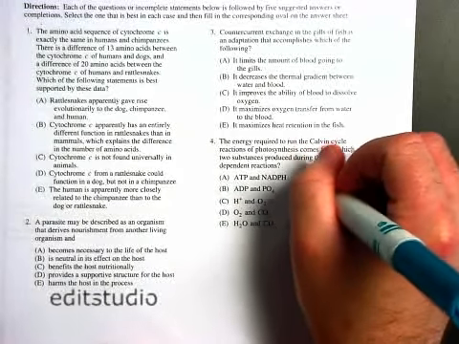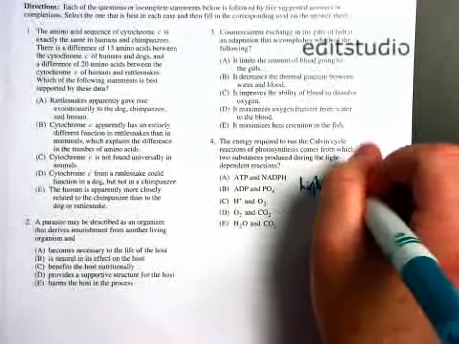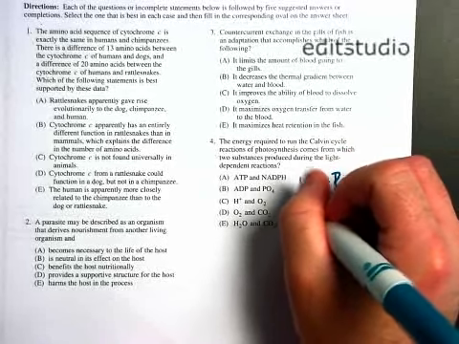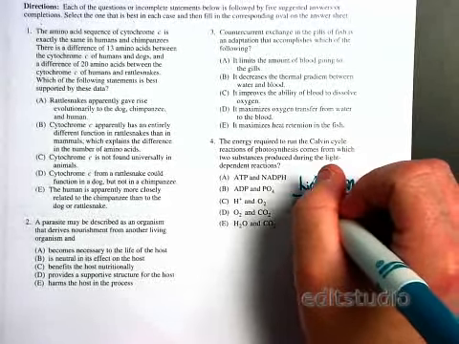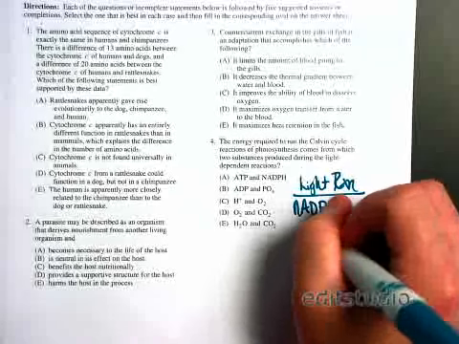What are we talking about here? We're talking about light reactions producing two things. What are the two things that light reactions produce? NADPH and ATP, correct?